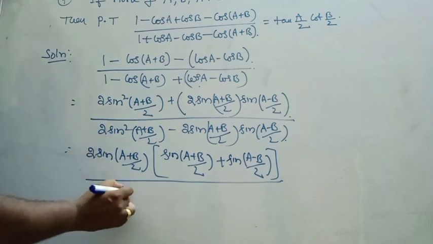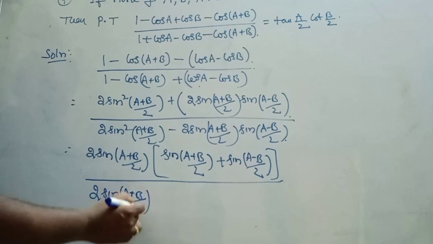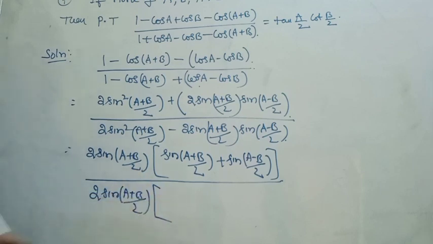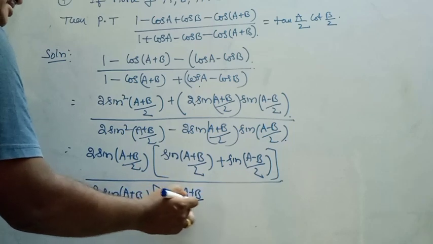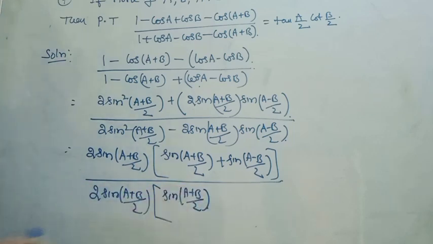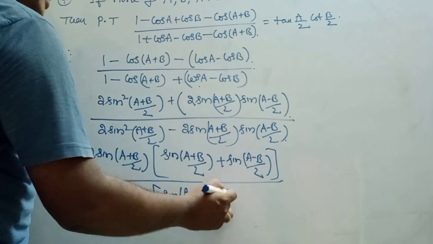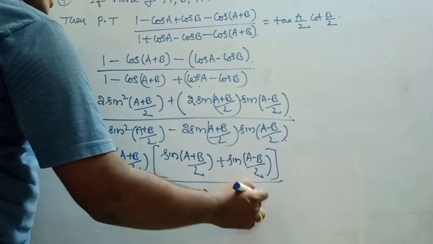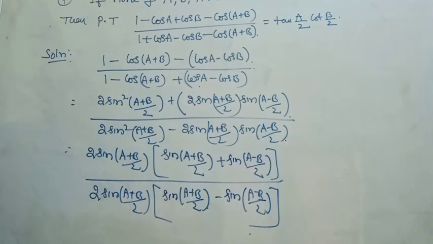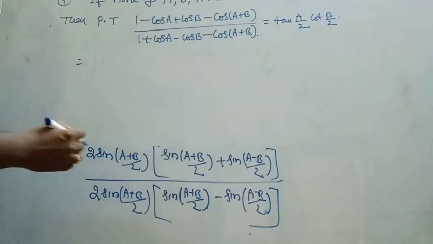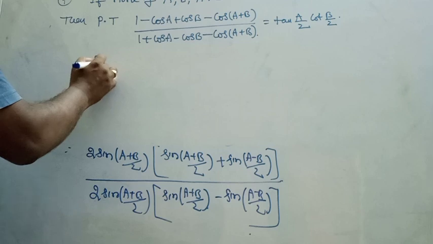If you take common, this is now sin A plus B by 2 minus sin A minus B by 2, like this, right? Wonderful.